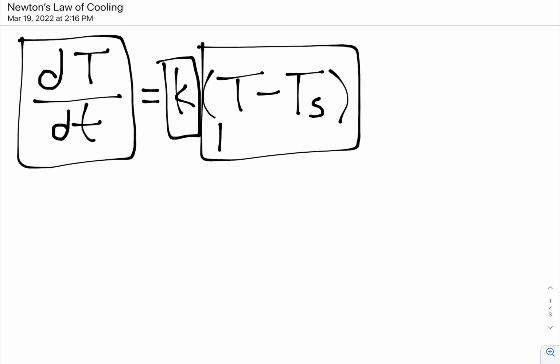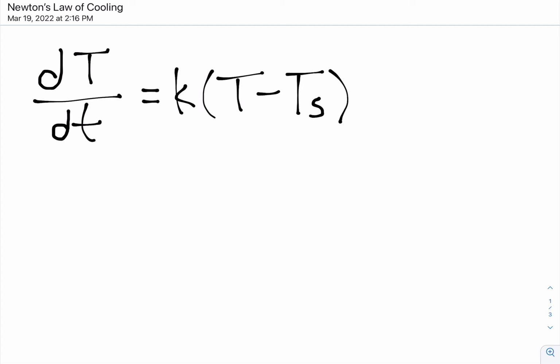What matters is the difference between them. If two things are super hot, the rate of change of temperature is going to be small because they're both hot. If both things are cold, similarly, this quantity is going to be small, because the difference between them is not very significant. So it's the difference between them that really matters.